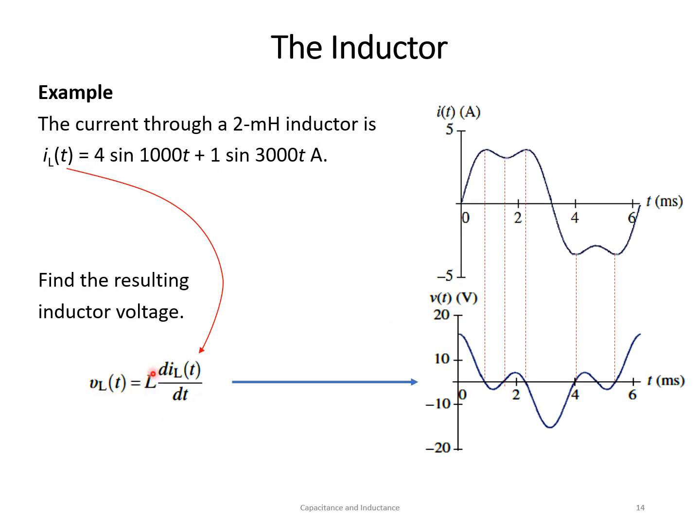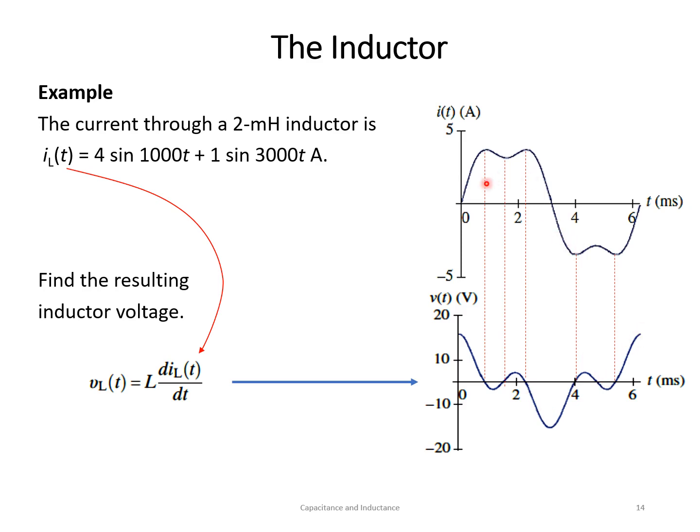We know vL is L diL by dt, and I hope you should be able to do the differentiation. It is L, which is 2 millihenry, times d by dt of this, and you all know this. And if you plot the resulting voltage, this will be the form of the voltage.